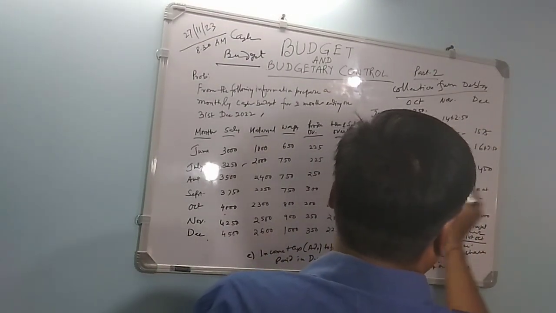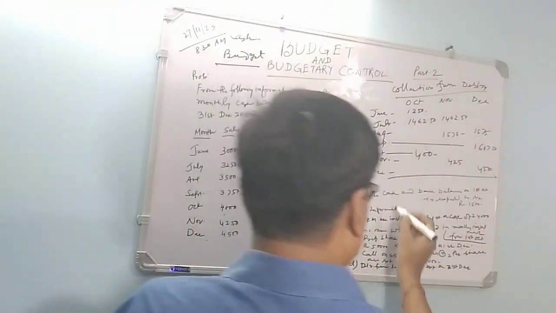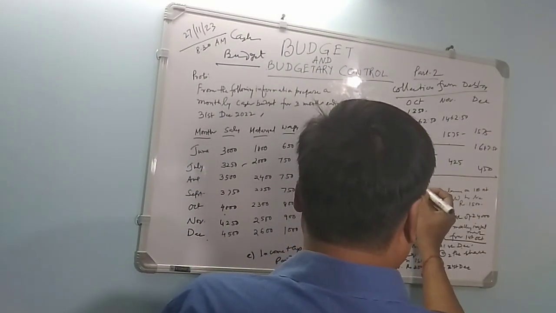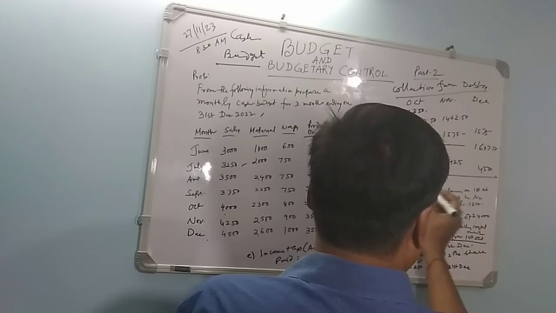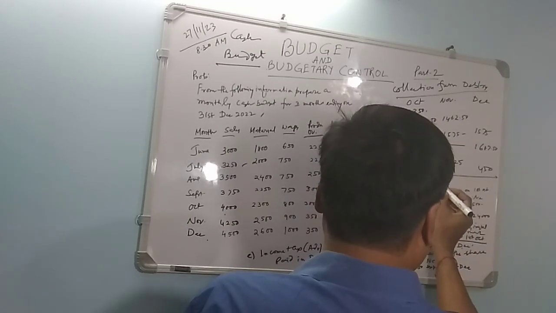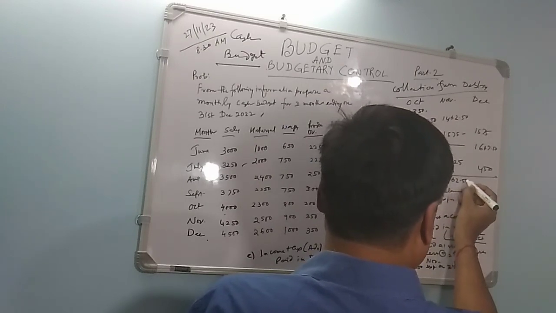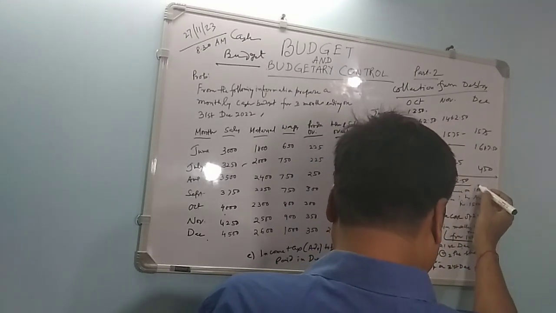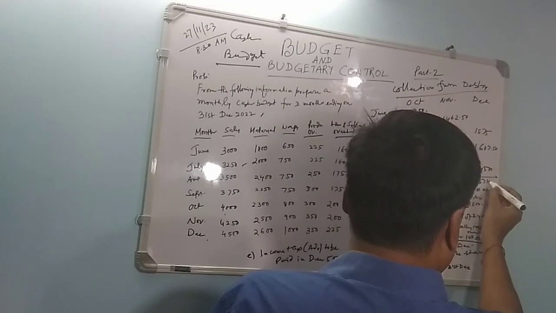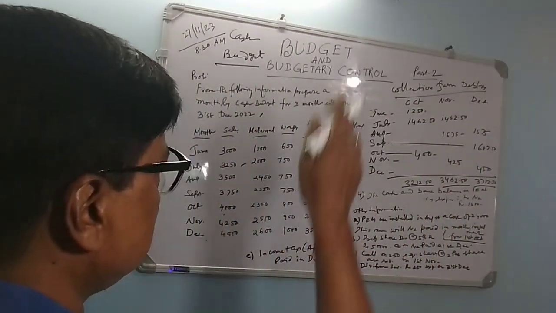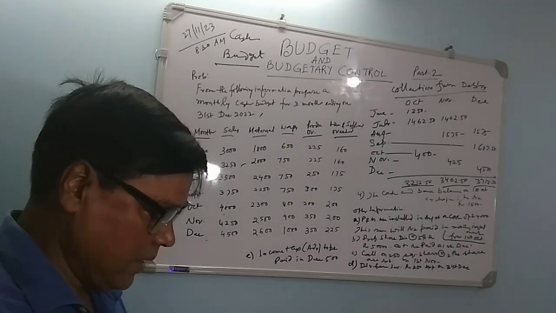So the sum total if you add all the months is 3212.50, 3462.50 and 3712.50. These are the calculations for collection from debtors.